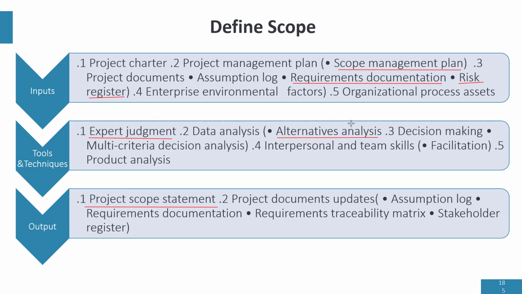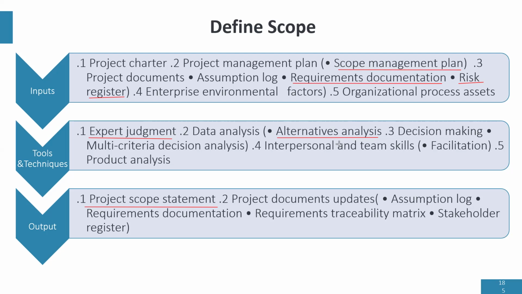Alternative analysis comes up again to look at alternative ways to achieve the scope of work. Let me give an example. Let's say that the project is related to providing power. How many ways can we provide power? You can use a diesel generator, you can use a gas turbine, you can use solar power, you can use wind energy.